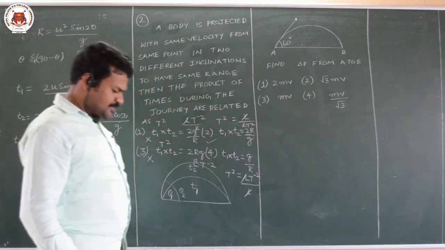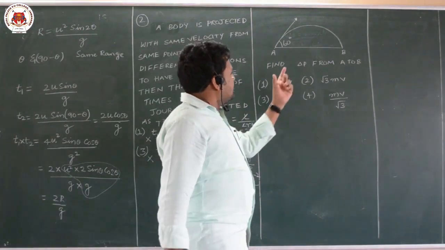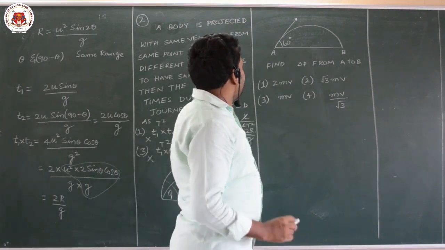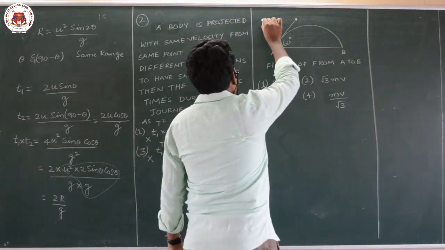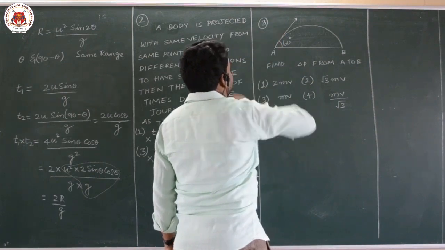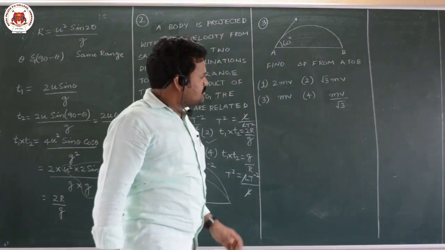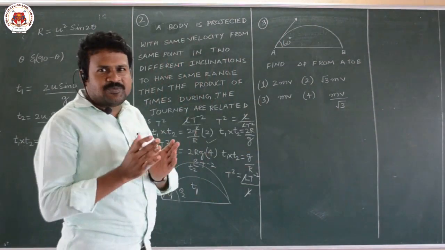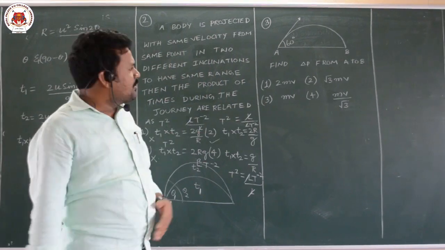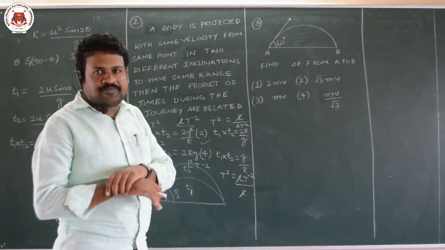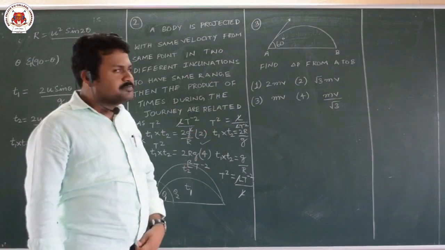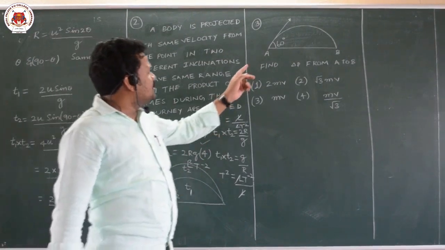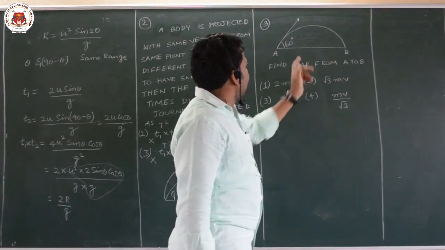And the next question is, see, this question is related to momentum. Question number 3 is related to momentum. See, from one chapter you can relate to another chapter also. So, what is momentum, you know, and what he is asking is, find the change in momentum.